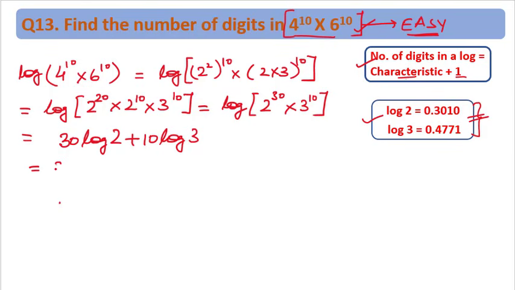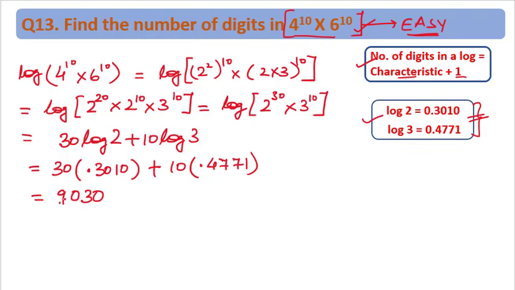We are given the value of log 2. So 30 multiplied by 0.3010 plus 10 multiplied by 0.4771. Okay. Now this comes out to be 9.03 plus 4.771.